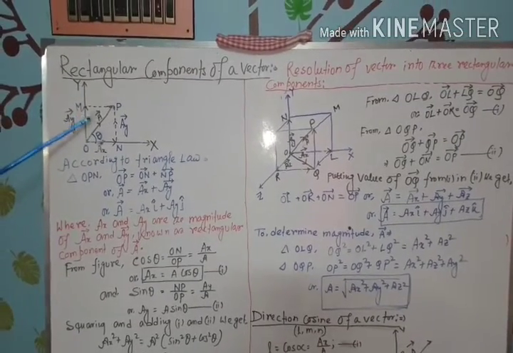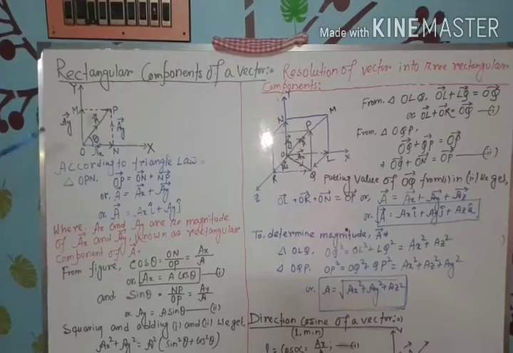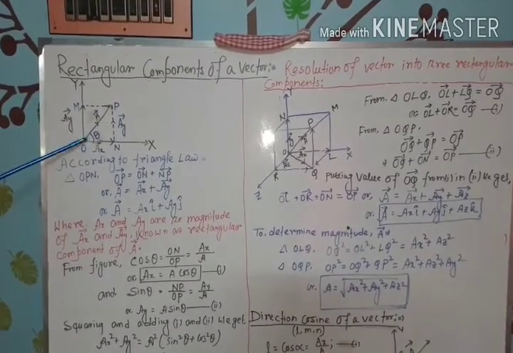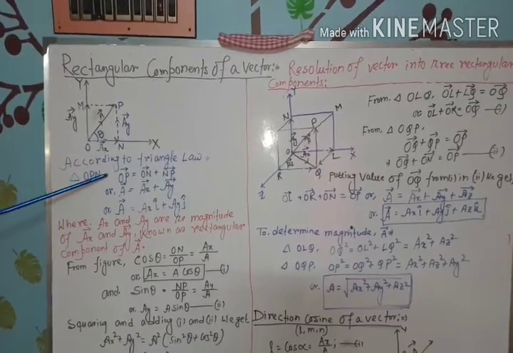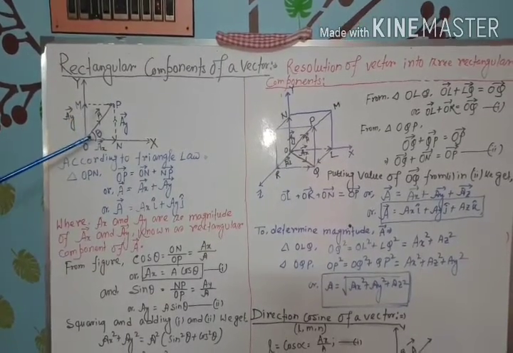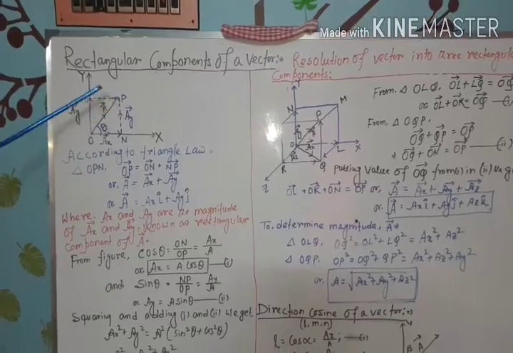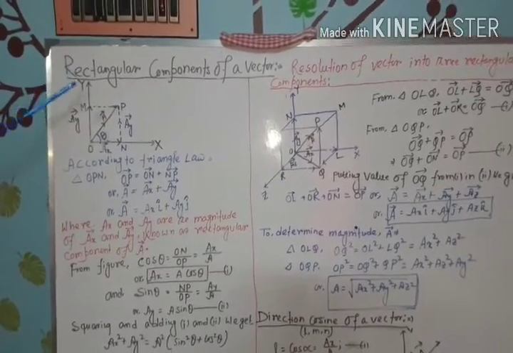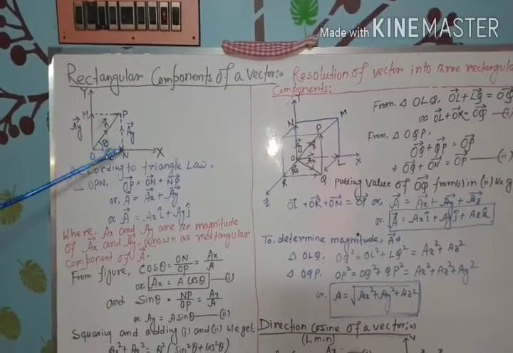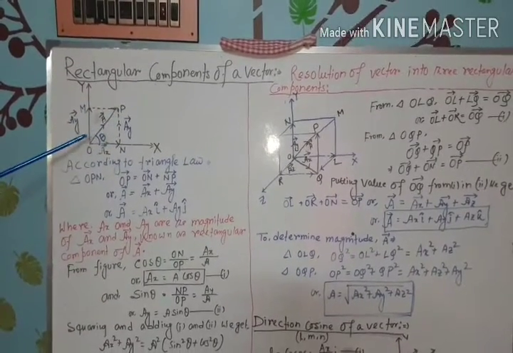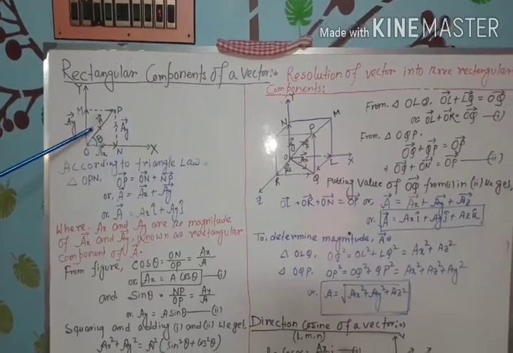Now see the diagram very carefully. If we take the triangle OPN, and use the triangle law of vector addition, ON and NP are taken in the same order but OP is taken in the opposite order.